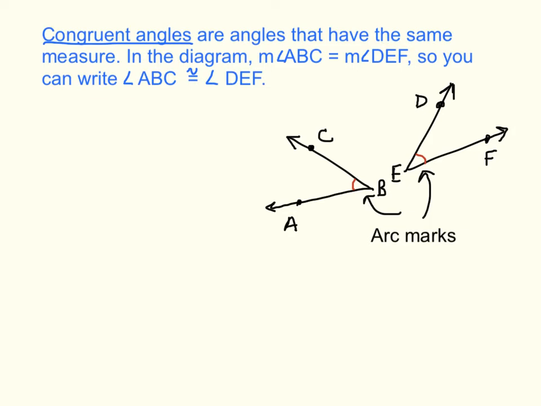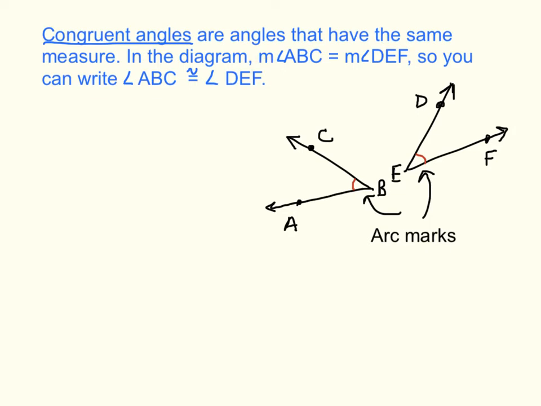Just like how we use tick marks with segments, we can use arc marks to show that those 2 angles are congruent. So remember, measures or distances are equal. The actual segments or angles of something are congruent. So in the diagram, this is how we say the measure. For the measure, we use a lowercase m.